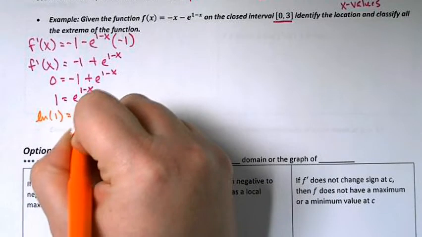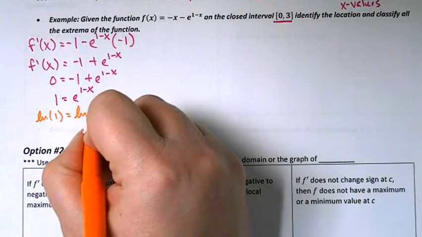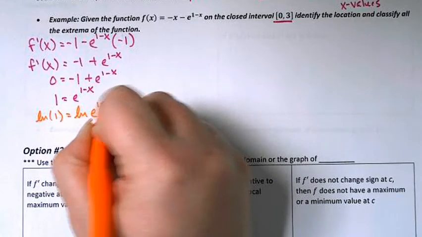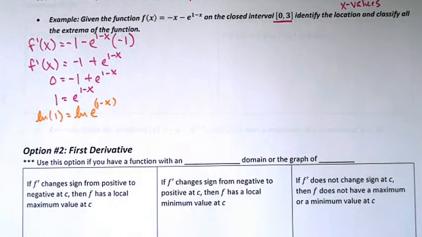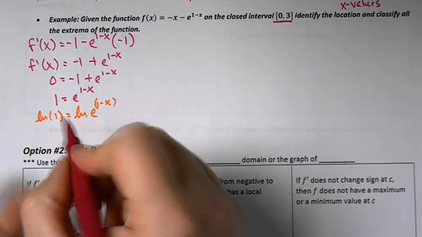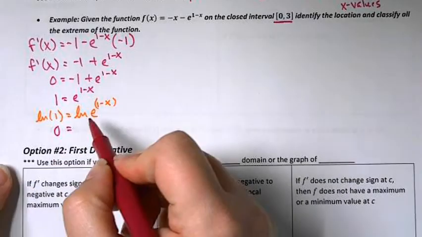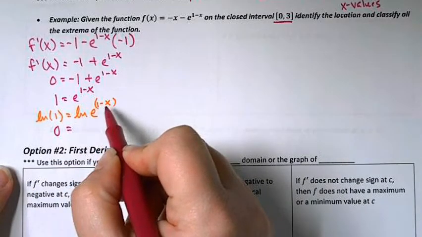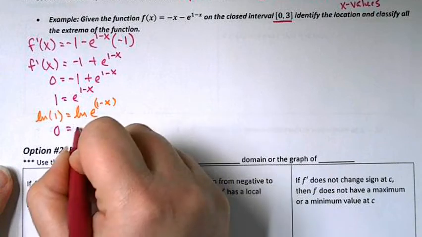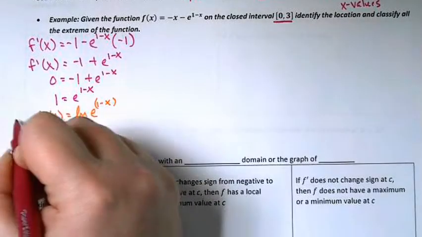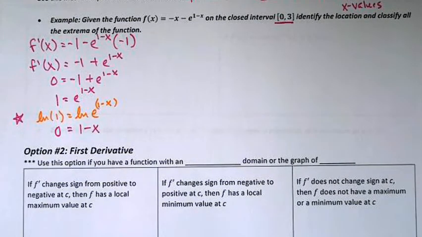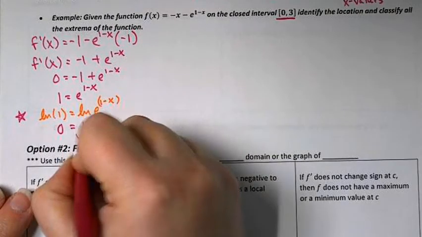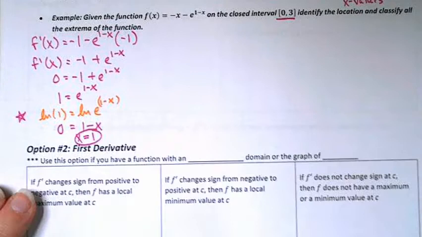So we're going to do the natural log of 1 equals the natural log of e to the 1 minus x. The natural log of 1 is just 0. And when we do the natural log of e to the 1 minus x, these undo each other and we're left with 1 minus x. I'm going to put a star there because if you need help talking about that in class, we can definitely talk about it, but we do need to remember our stuff from algebra. But either way, we end up getting a critical value at x equals 1.